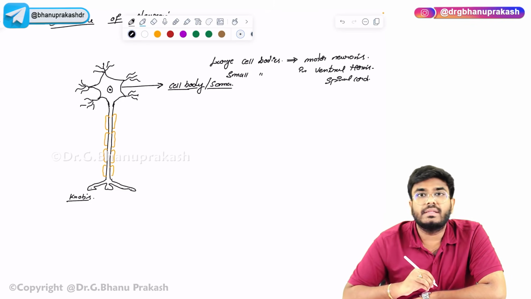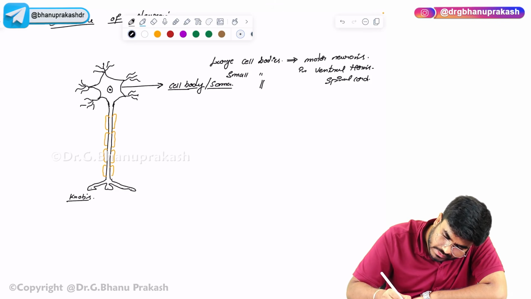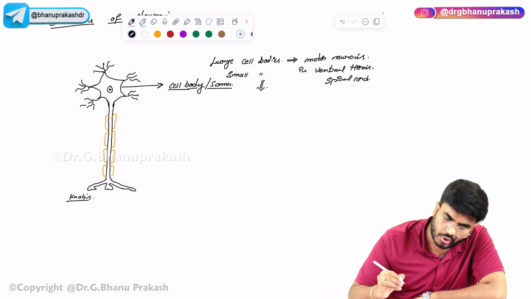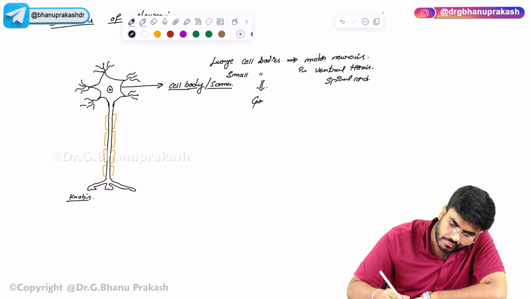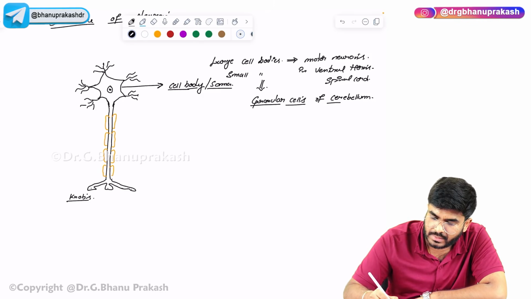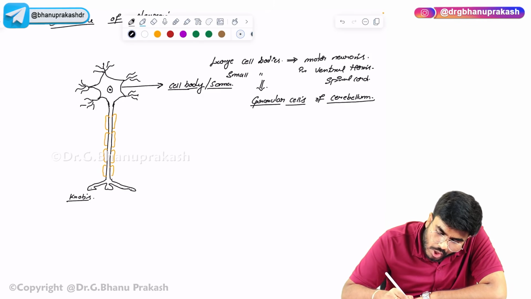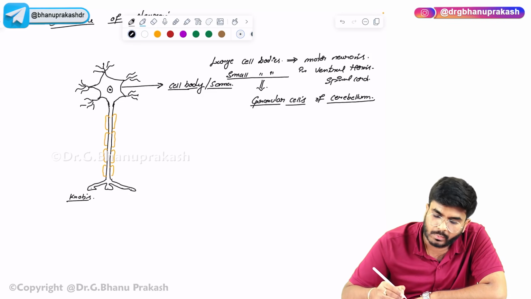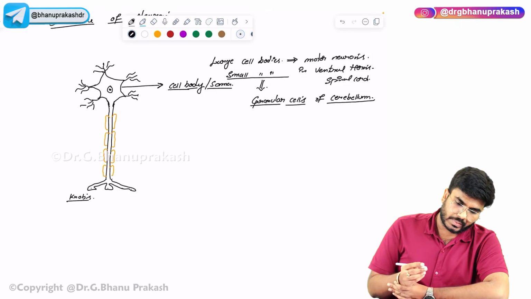Small cell bodies are seen for the granular cells of the cerebellum. These granular cells are also neurons present in the cerebellum, so they have the smallest cell bodies. The largest cell bodies are there for the motor neurons in the ventral horns of the spinal cord.